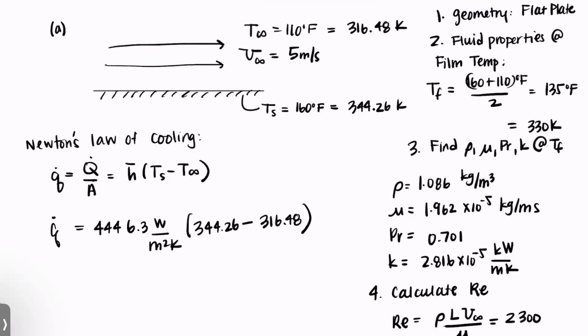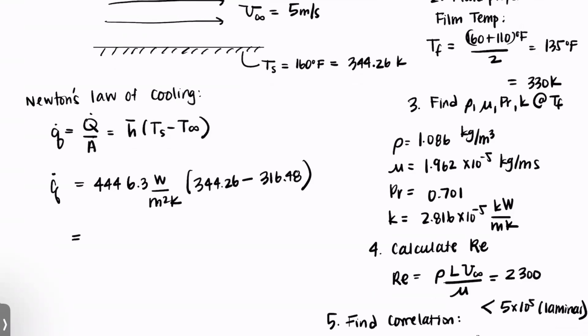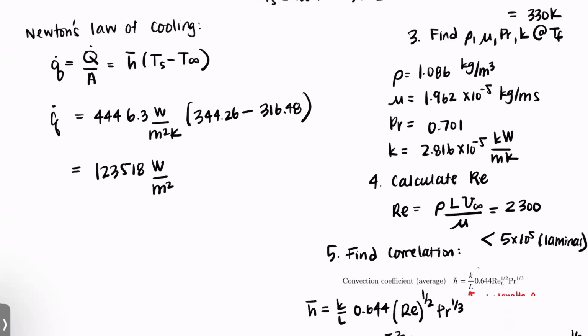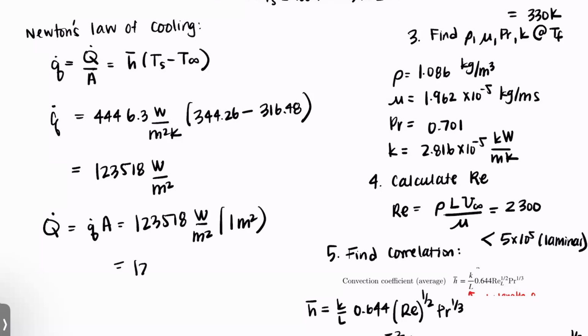So this is little q dot, and we get 123,518 watts per meter squared. So Q dot is equal to little q dot times A. So we have 123,518 watts per meter squared times 1 square meter, because we have a 1 meter by 1 meter square. So we still get 123,518 watts.